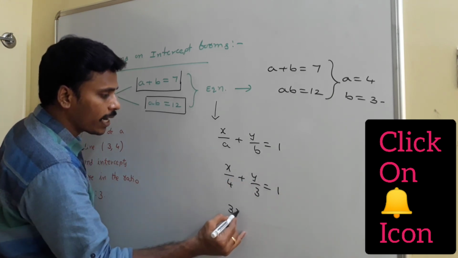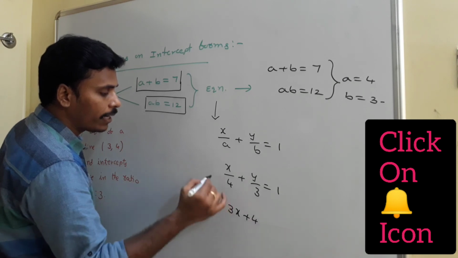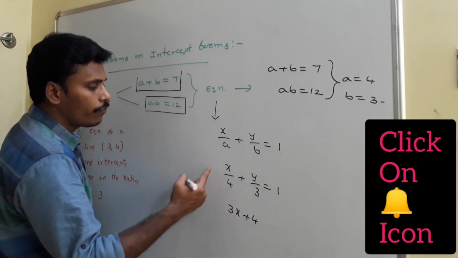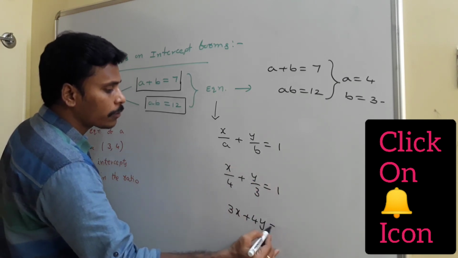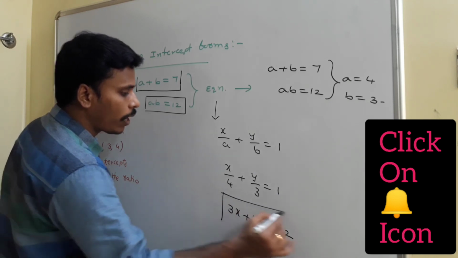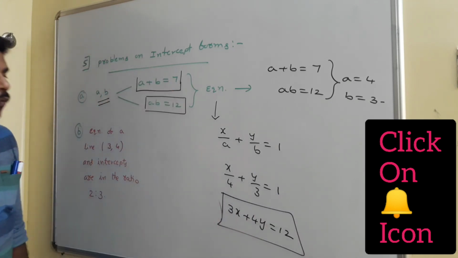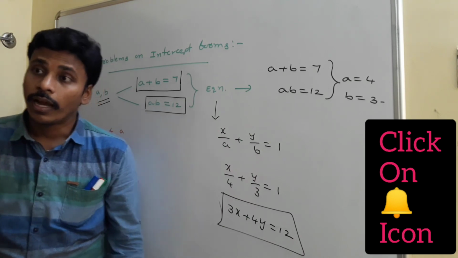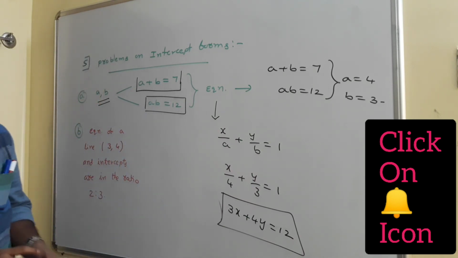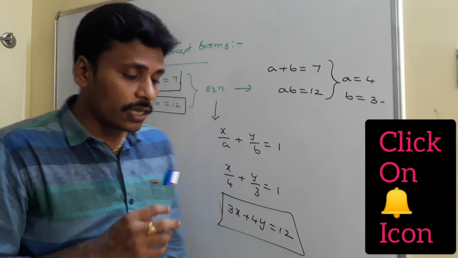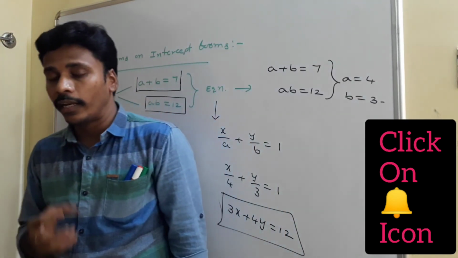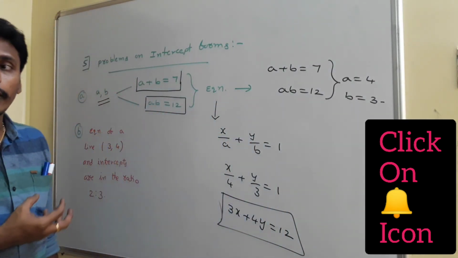And if you solve, multiply everything by 12. That's what I am doing. If you multiply everything by 12, 3x plus 4y is equal to 12. That is the equation of the straight line. Once again, have a look at this. The problem is asking us to find the equation of the straight line if there are a few relations related to the intercepts.